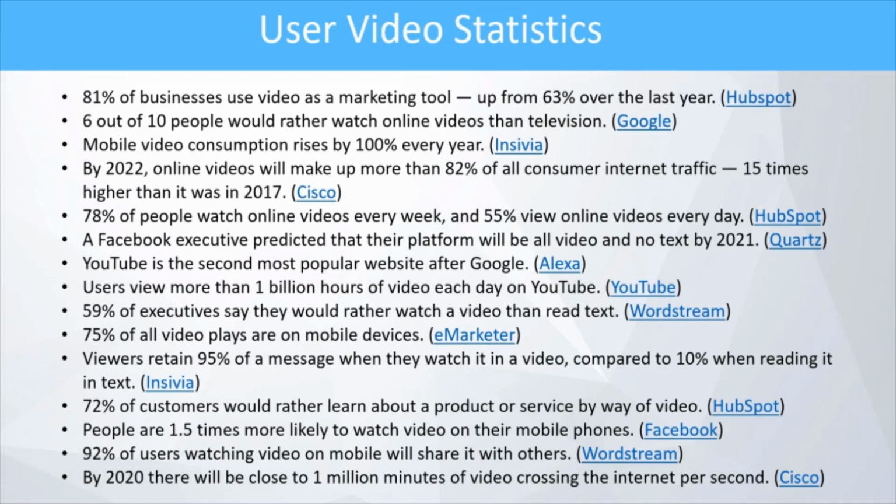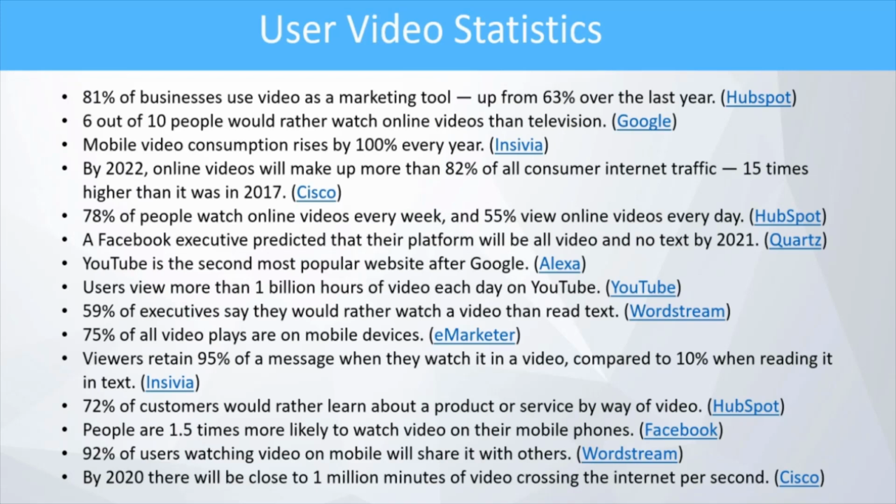Mobile video consumption is rising by 100% every year, and by 2022, online videos will make up more than 82% of all consumer internet traffic. That's big. Currently, about 78% of people watch an online video every week, and 55%, over half the population, view online videos every day. I found this astounding.